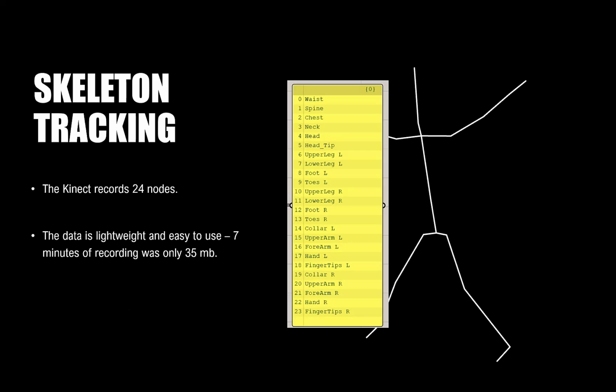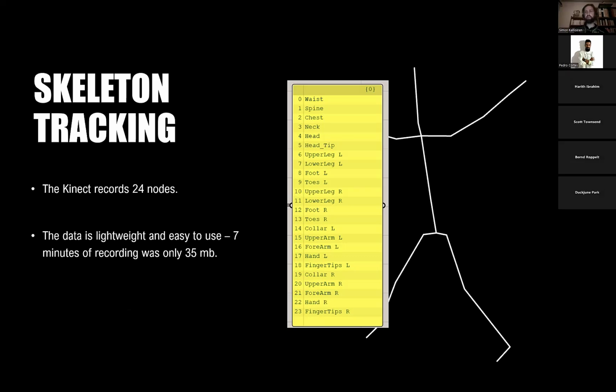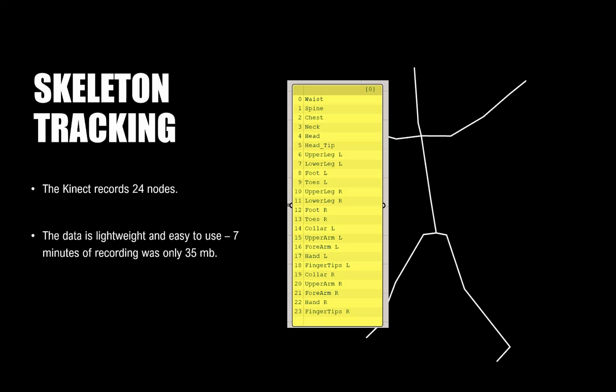And a cool thing about working with this kind of data is that it's so lightweight. Even though it's 7 minutes of recording, it was only 35 megabytes. So it's super light. And doing something with point clouds for 7 minutes would probably be almost impossible with a normal computer. I would probably have to buy some really massive computer to even pull it off.